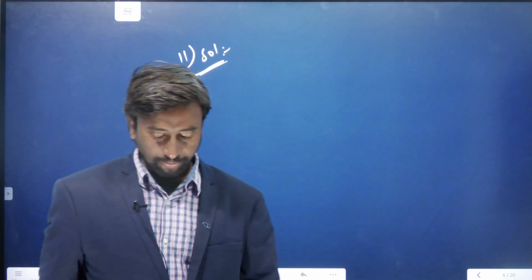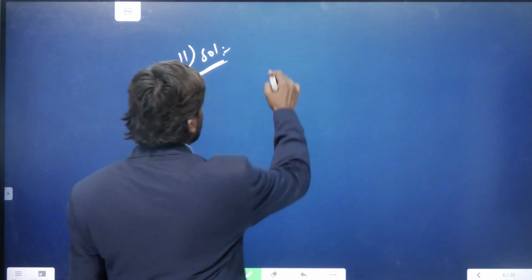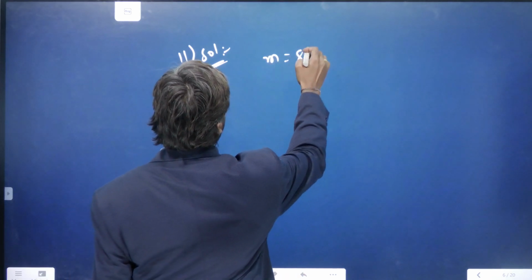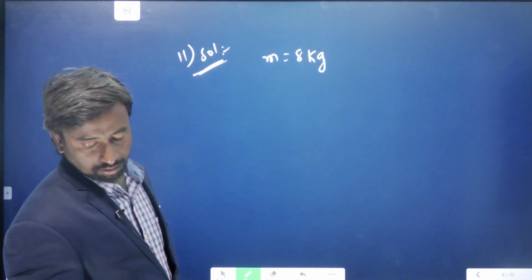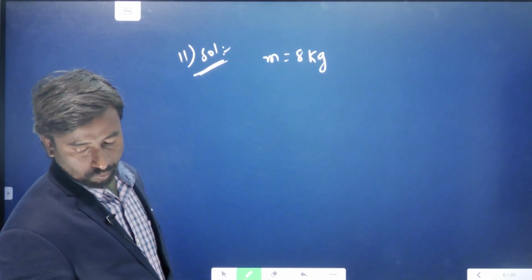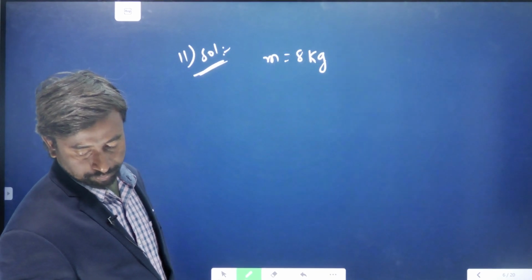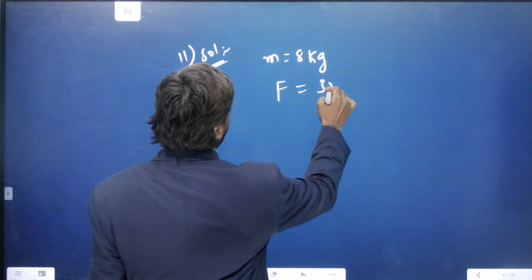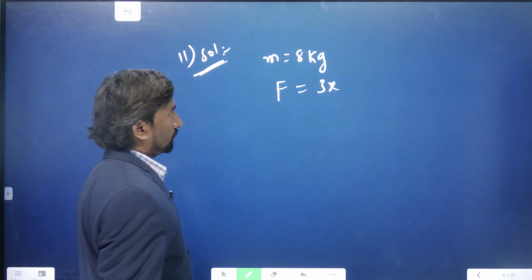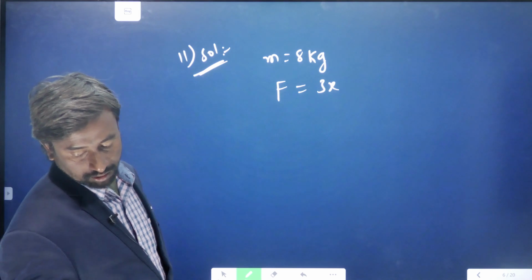Now the 11th question. A body of mass 8 kg is given. The mass of the body is 8 kg, and the force is given there. Force equation is 3 into x newtons, F is equal to 3x. X is the distance covered.